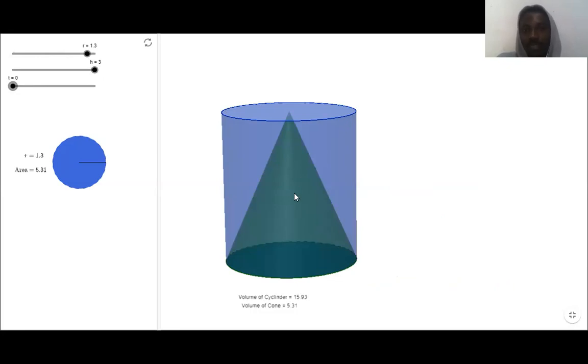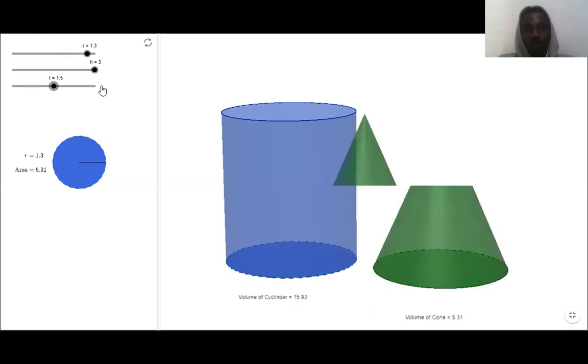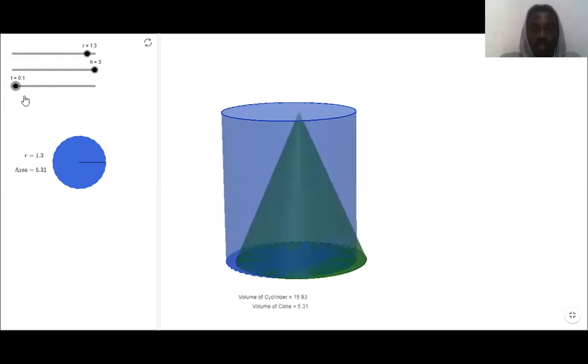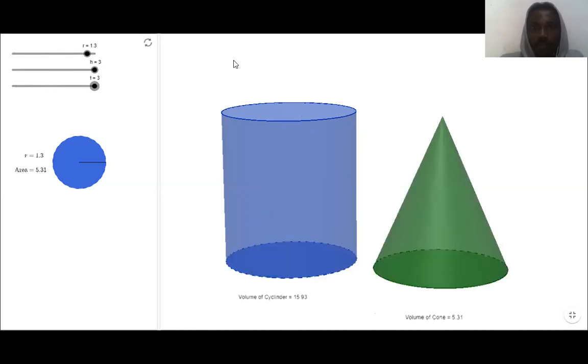So you can see this is three cones. This is also a point to explain my claim that the volume of the cone is 1/3 of the volume of the cylinder. Is that taken?